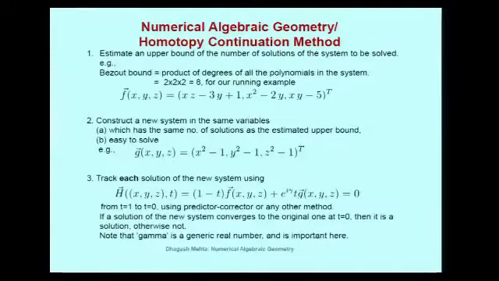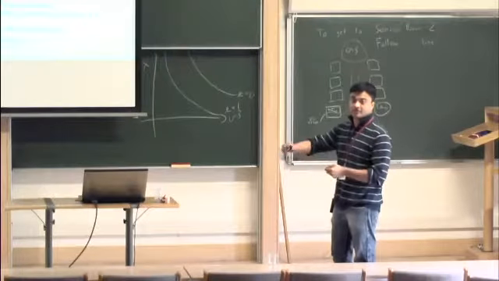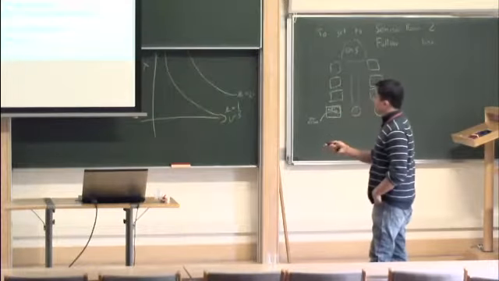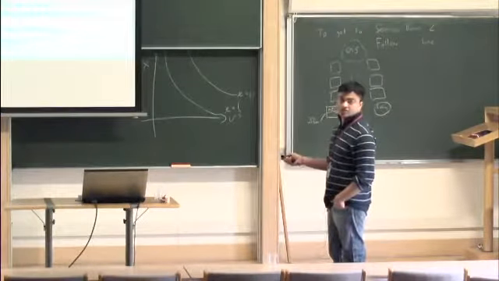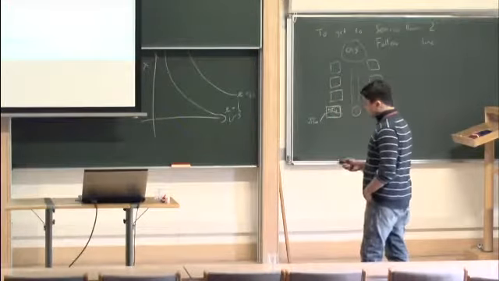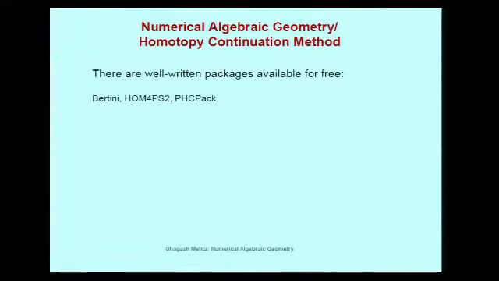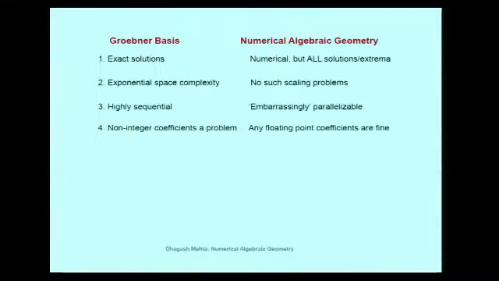Here you would wonder what this factor is. This factor makes sure that all the paths are well behaved. So there is no singularity in between the paths. This is very important. Okay, and this guarantees to find all the solutions in the end. So there are again well-written packages available online: Bertini, HOM4PS2, PHCpack.